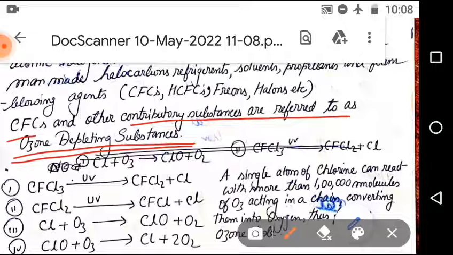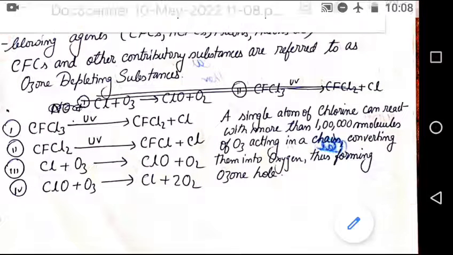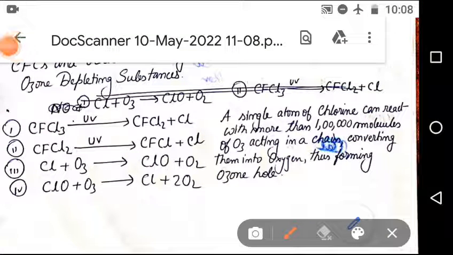So here you can see how a single atom of chlorine is actually breaking the ozone. If you see the first reaction, CFCl3 in the presence of ultraviolet rays breaks into CFCl2 and a chlorine atom.